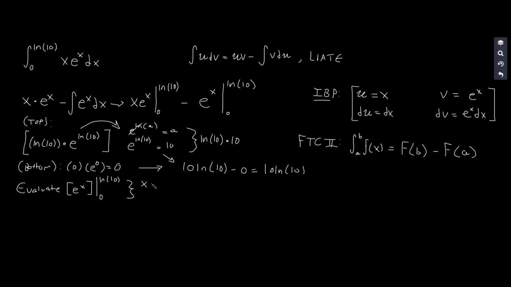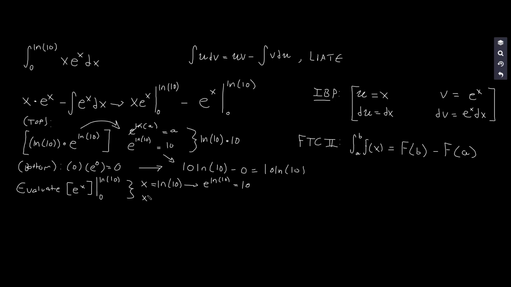If I plug in x equals the natural logarithm of 10, that's going to be e raised to the power of the natural logarithm of 10. That's going to equal 10.